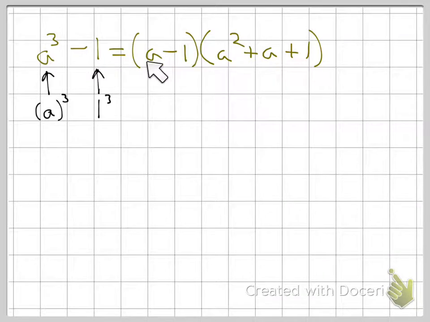It's a minus 1 where we had a cubed minus 1 cubed. So that stays. We pull that one out. That's an easy one. Then the trinomial that's multiplied to it: the first one squared, a squared. The last one squared, 1 squared. And then the middle term was the 2 of them together this time. A and 1. Or just 1a or a.